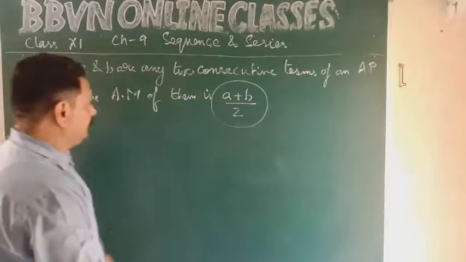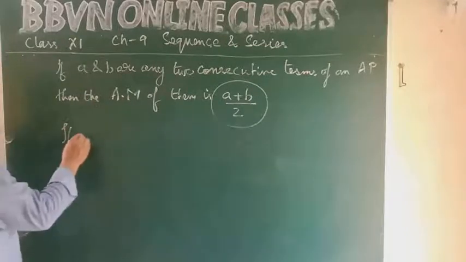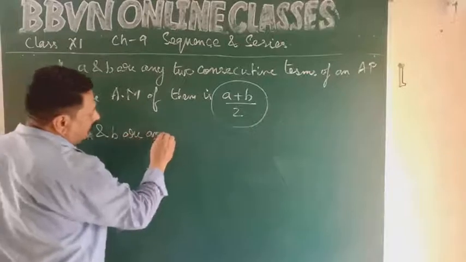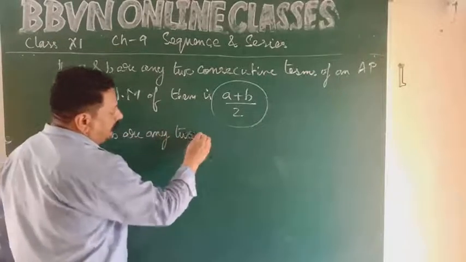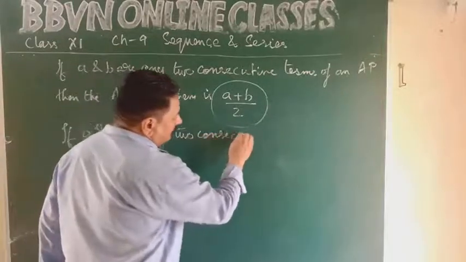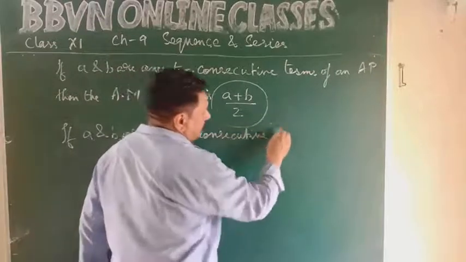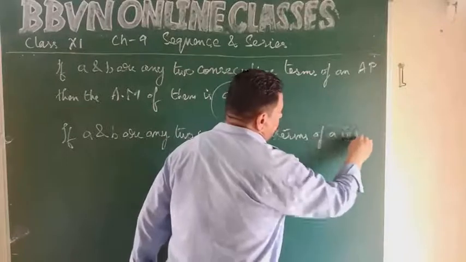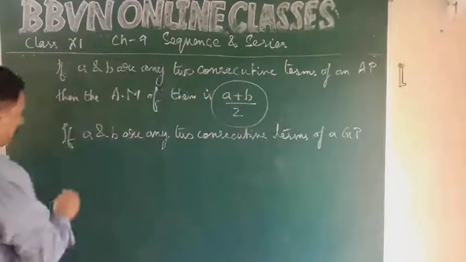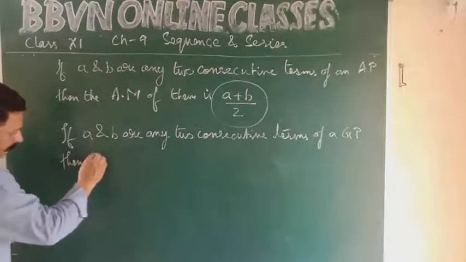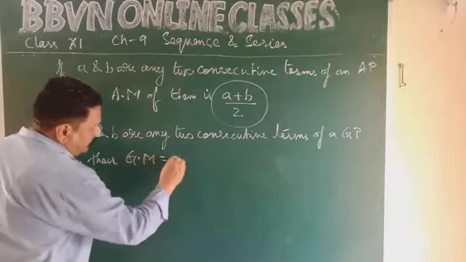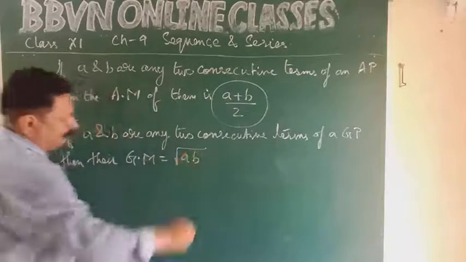We conclude that if a and b are any two consecutive terms of a GP, then their geometric mean is equal to under root ab.